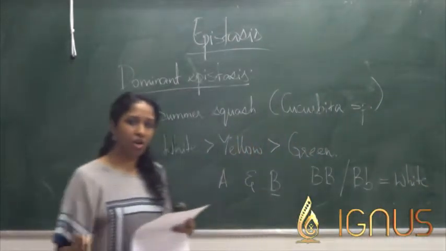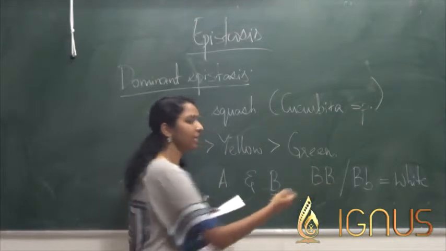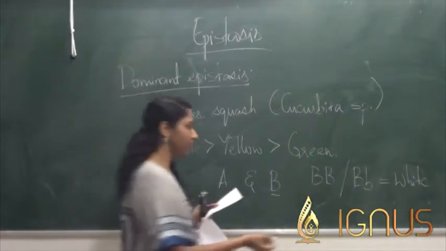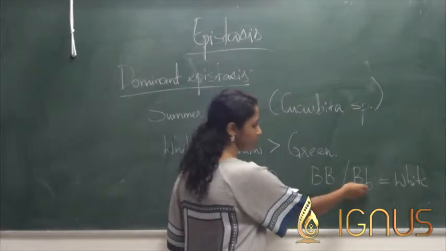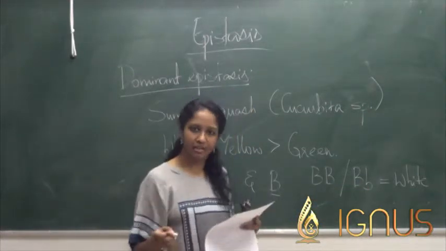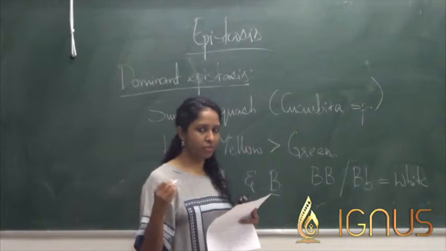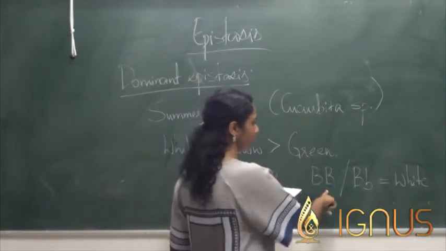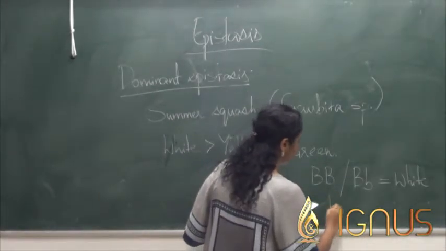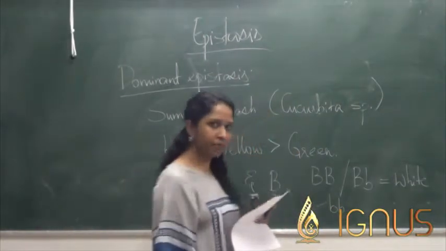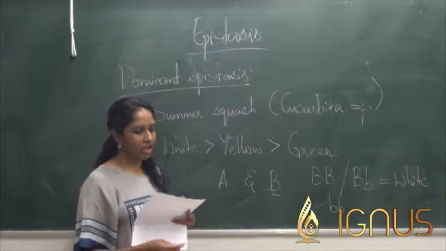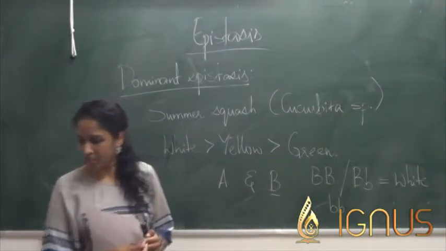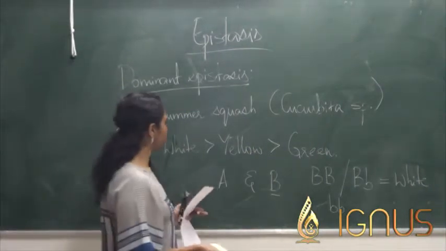Okay. As long as you have the gene B in the dominant condition, meaning it is either homozygous dominant or heterozygous dominant, then the color of the summer squash will always be white. Only when the gene B is in a double recessive state, then it can give rise to either yellow or green. Okay. Now, we will understand it better when we do crossing.